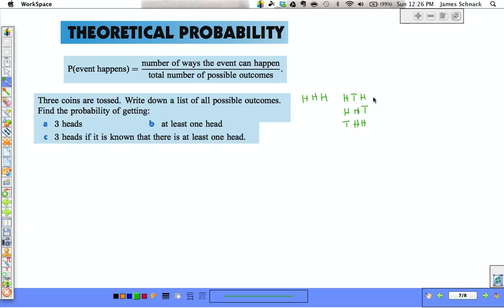And then we've got tail, tail, head. Tail, head, tail. Head, tail, tail. Or we could have tail, tail, tail. And I think I have them all.